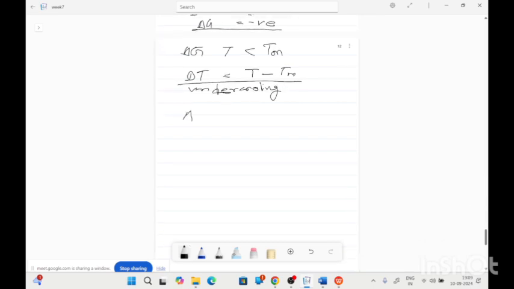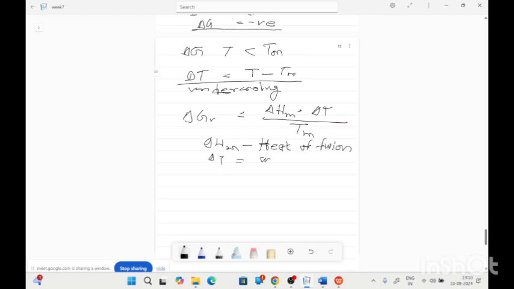The delta GV volume free energy term can also be written in terms of the heat of fusion for the alloy and the undercooling term. So delta HM is the heat of fusion, and delta T will be the undercooling.